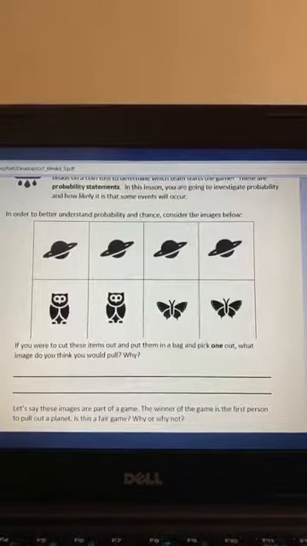Okay, so what I want you to do right now is write down on your paper the word planet, because planet is correct. Write down planet, then write down owl, and then write down butterfly. Now beside each name, I want you to write down the percent chance you would have of picking out one.